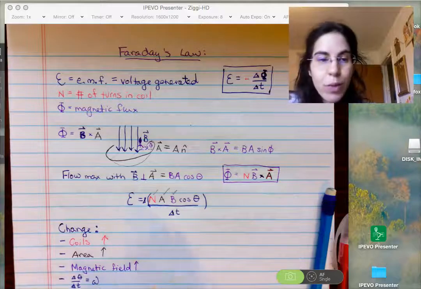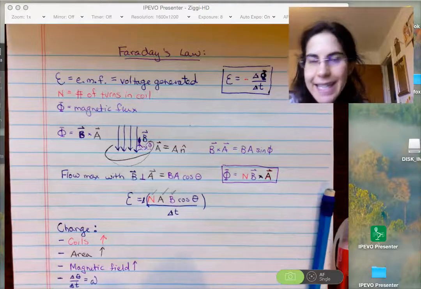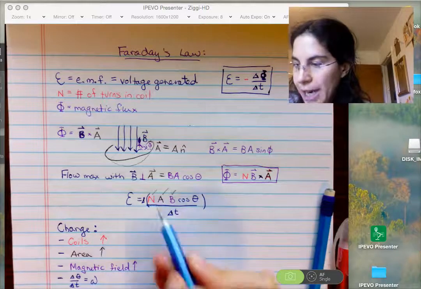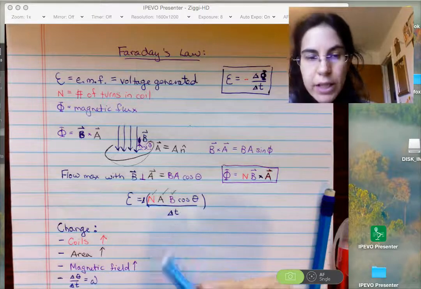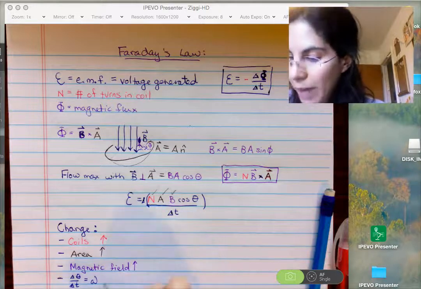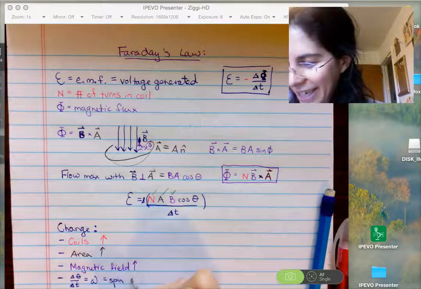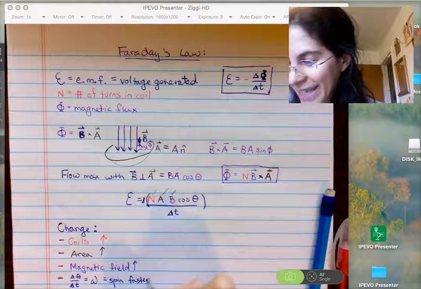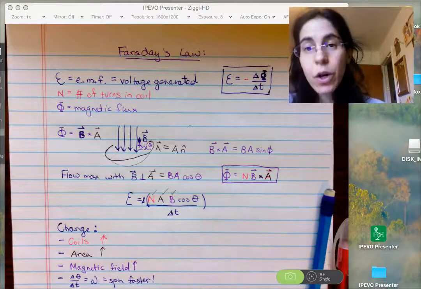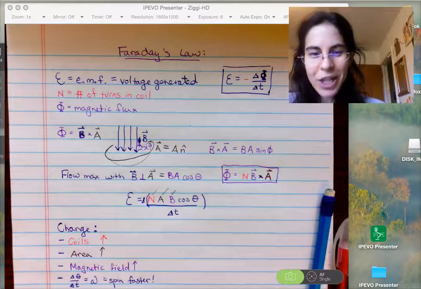This is the rate at which things spin. You want to change your cosine theta over t. Well, I don't know how to do that without calculus, but I do know how to do it with a hand crank generator, and that just means spin it faster, which is exactly what we saw in the generator lab.